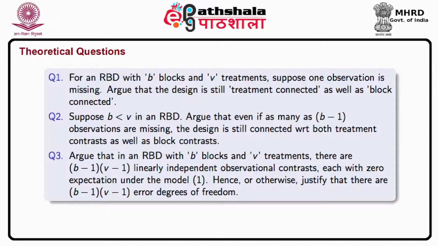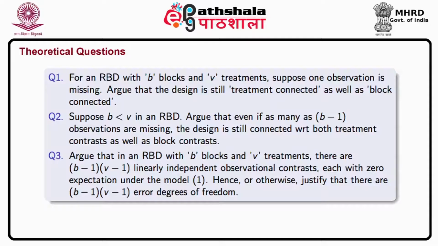Observational contrast means observations with coefficients plus minus 1 and 0, so that their expectation is 0. So each of these observational contrasts should have 0 expectation, they should be linearly independent, and then that will justify that you have got so many error degrees of freedom.